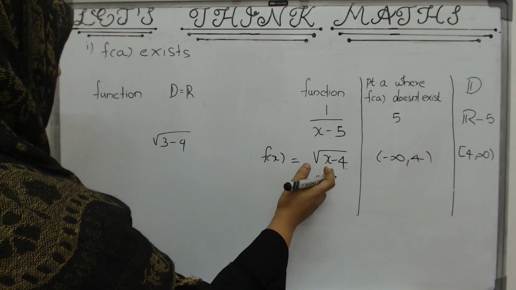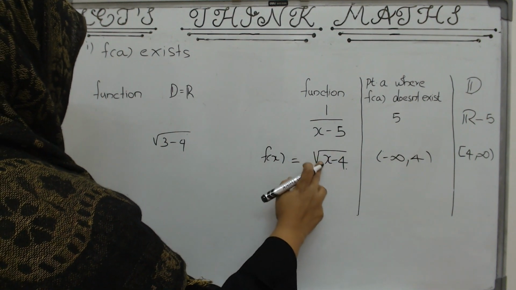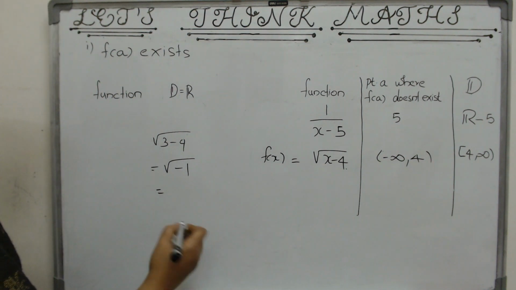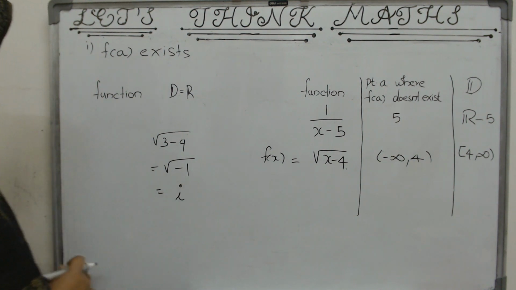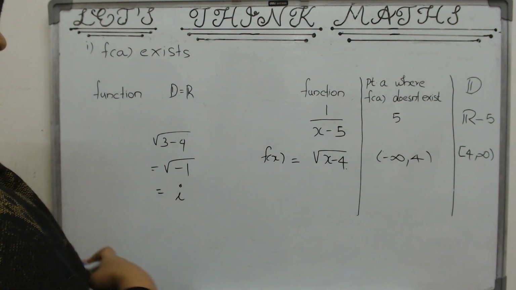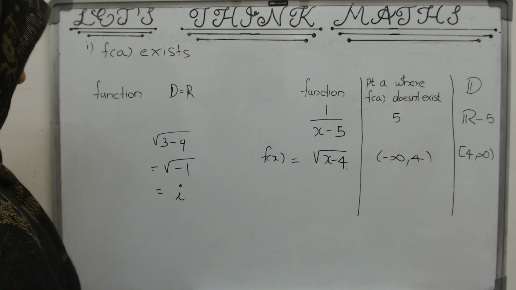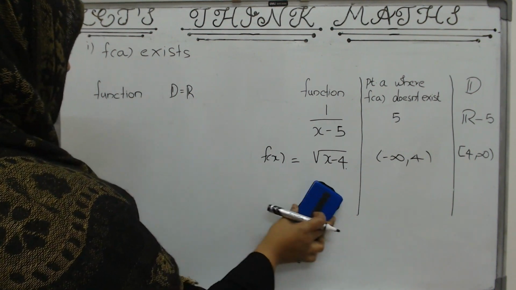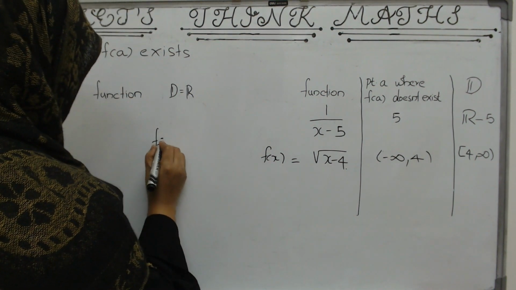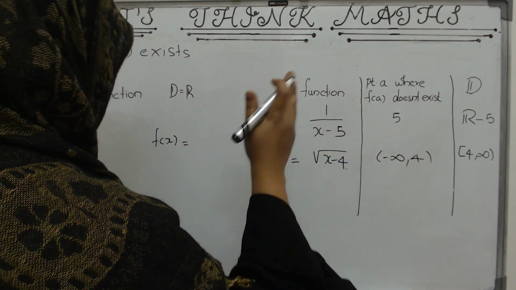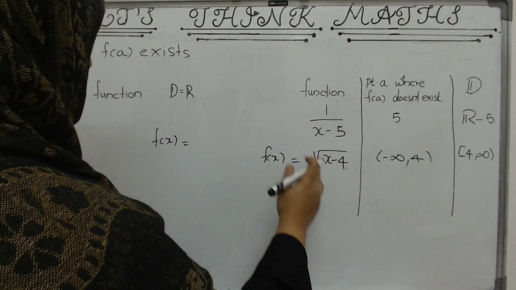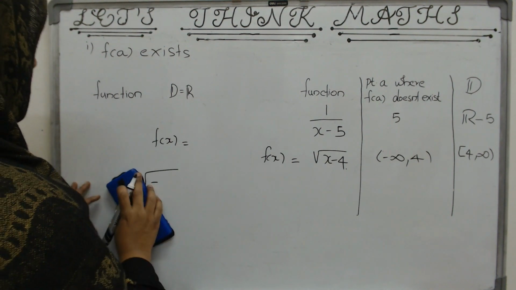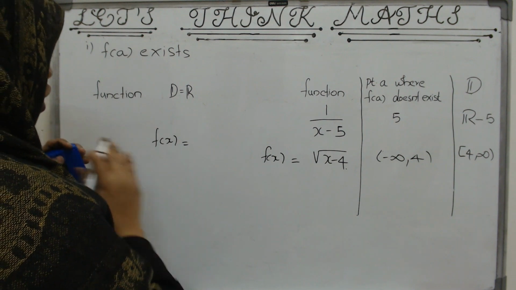What happens when you take any number less than 4? Then this whole thing becomes a negative number. And what is the square root of minus 1? It goes to i. It goes to the complex numbers realm. It stops being what? Real. So that means if you take this function f of x and take any number such that inside the square root you will get a negative number, that number stops existing.